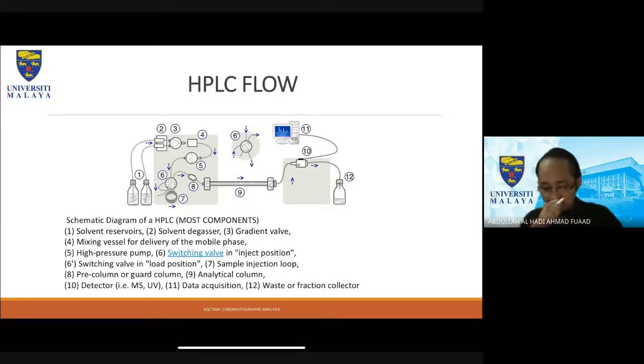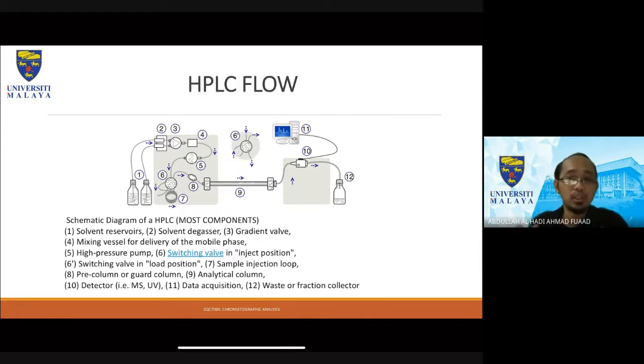All right. So last week, what we've looked at is a very, very brief look at how HPLC flows, how the solvent flows, and the parts of the major components. We didn't look at them in very detail. We also looked at the basic principle of liquid chromatography. So this is just another image.